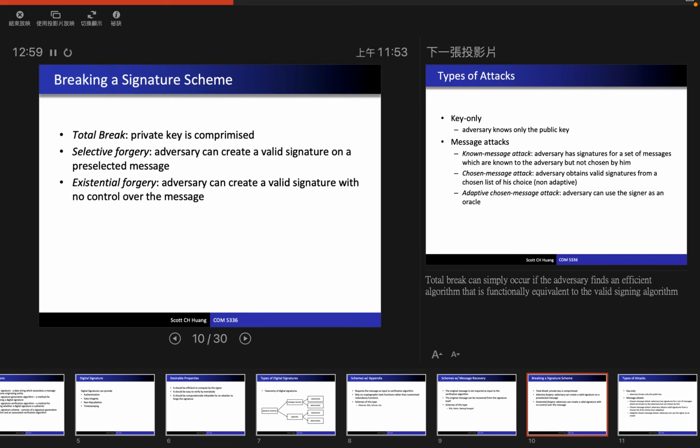I'll give you an example: the hash algorithm. A hash is usually used to shorten a message, and then the signature algorithm is applied on the hash. That's the current way to do it.